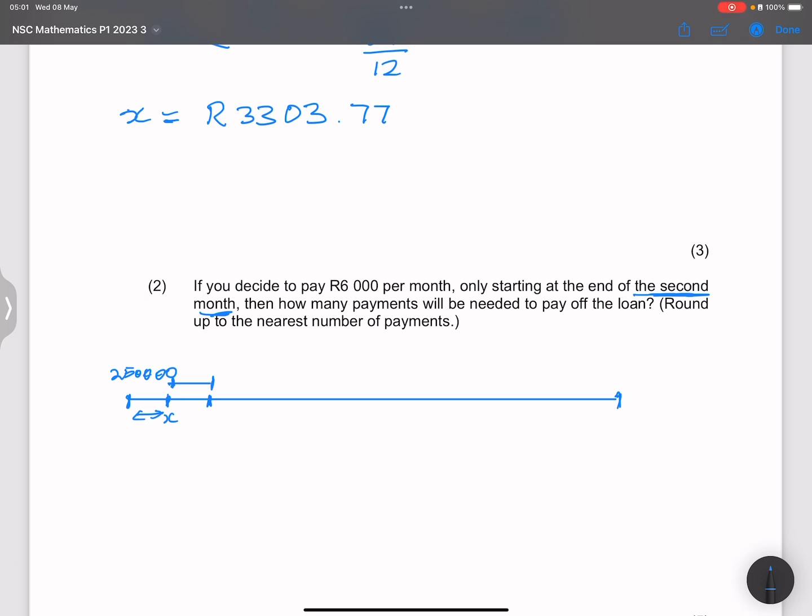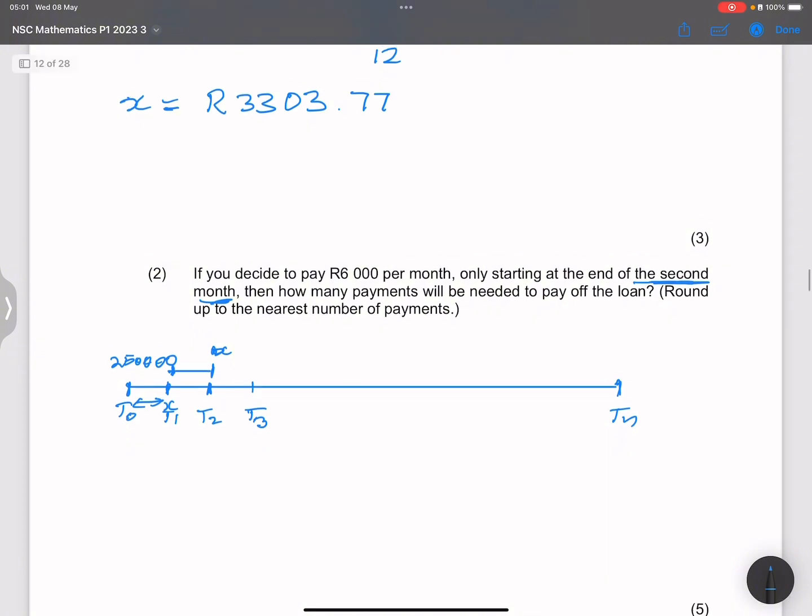Let me find out what the interest is, and that will be the amount that I will be paying. From this point on, we start making our contributions. So we'll have T0, T1, T2, and T3 all the way until Tn when I actually complete paying for this.